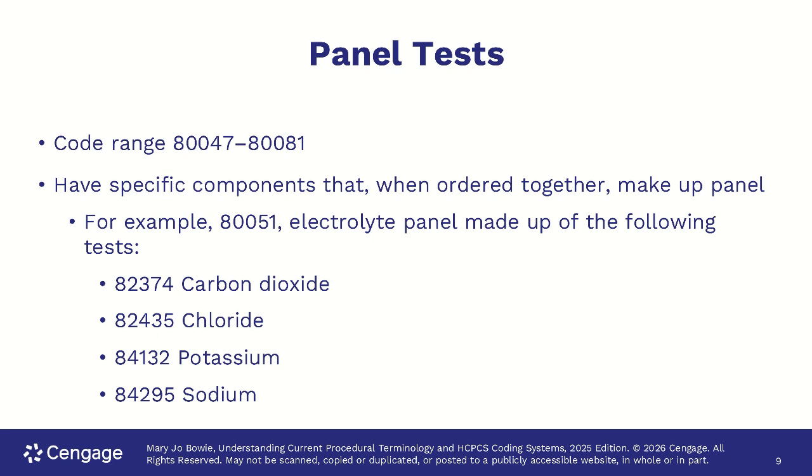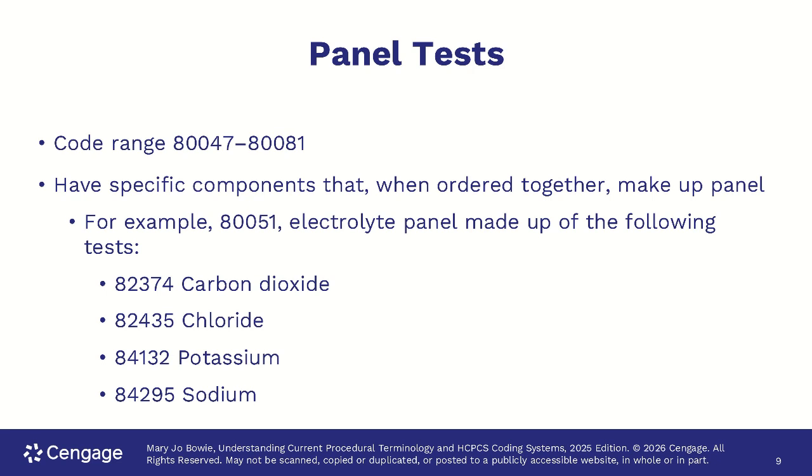Now, you'll notice that the electrolyte panel is code 80051, but each of the tests in the panel actually has its own code. So instead of reporting each code separately, if all of these services are being provided, you use the panel code instead of billing them separately.